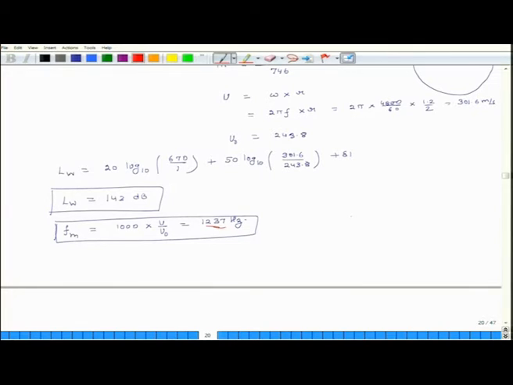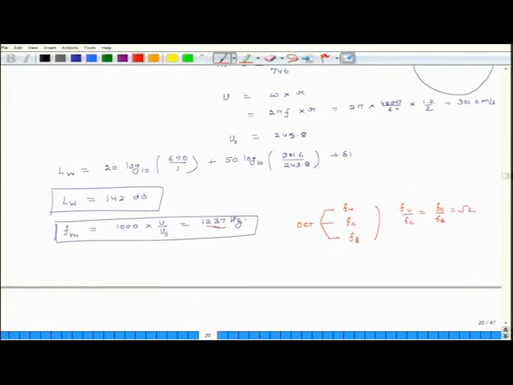So, remember, an octave band has 3 frequencies: a central frequency, a lower frequency, and an upper frequency. And what is the relation between these 3? Fu over Fc is equal to Fc over Fl is equal to square root of 2.